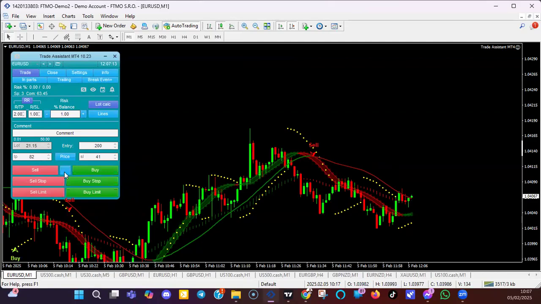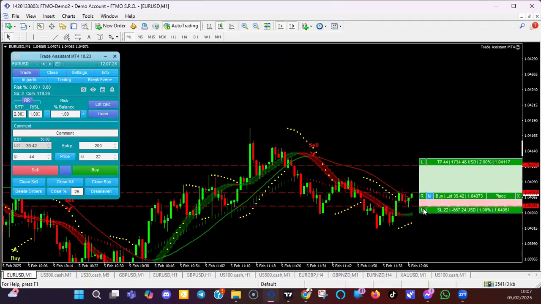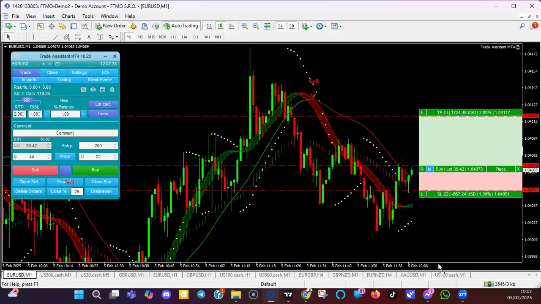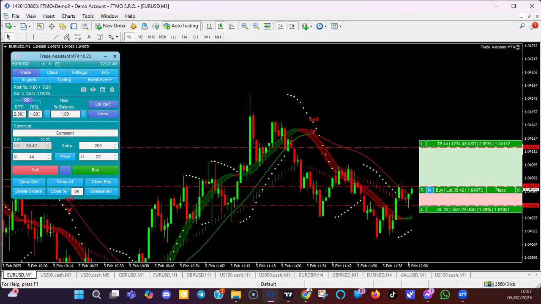And I like to keep this rectangle on in case I need to close all trades. I want a minimum of 2.2 pips, so I write 22, that means 2.2. Put that in there, put your lines on, and I'm now in the position to take a buy if one becomes available.